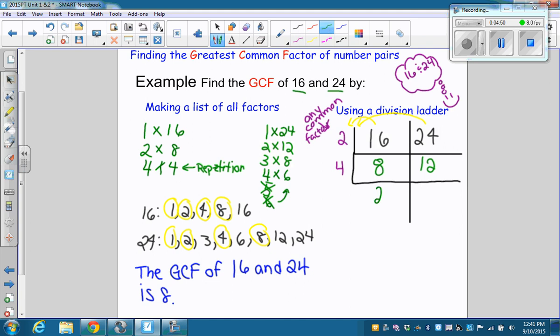So you put the answer here. 12 divided by 4 is 3. Put the answer there. Now, when you look at 2 and 3, the only common factor they have is 1. When you have a 1 there, that's the end or the bottom of the ladder.